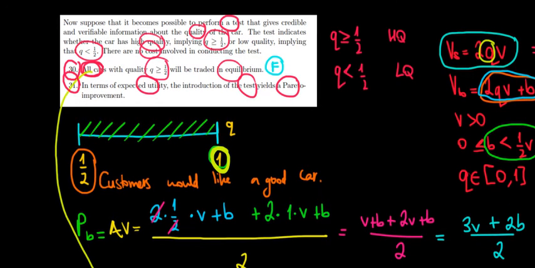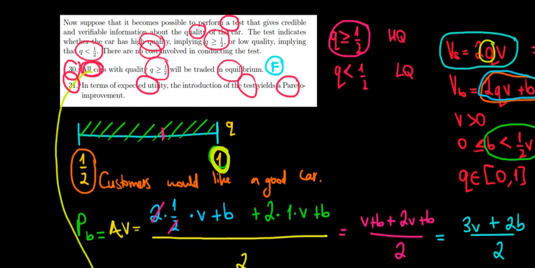And we know that when we are solving for the scenario where people use the test, then the quality is at least 1 over 2, because customers would like to buy a good car, and we know that if the quality is above 1 over 2, that means a high quality car.